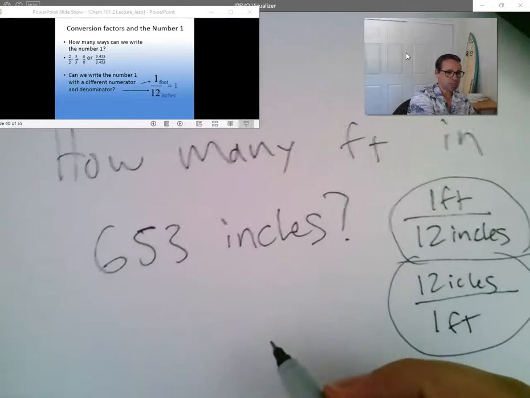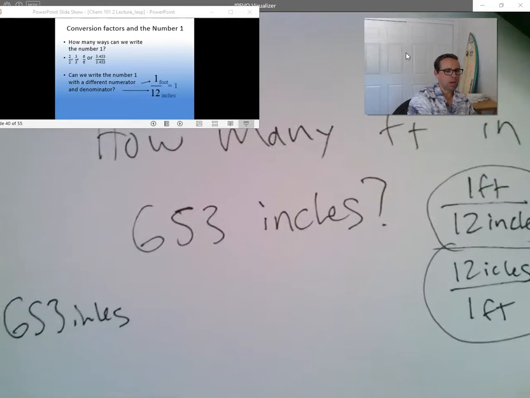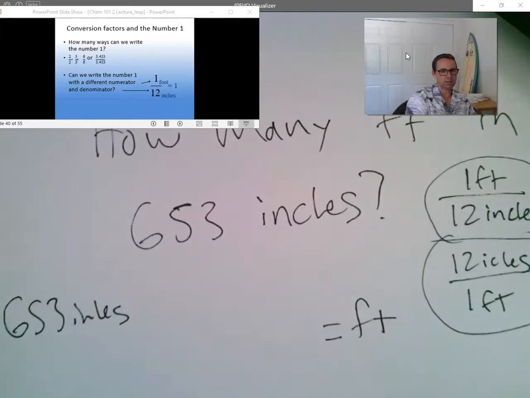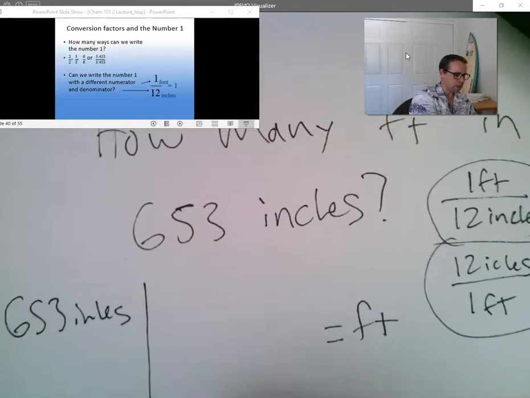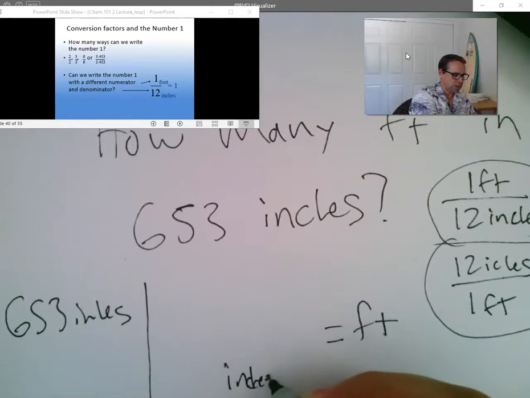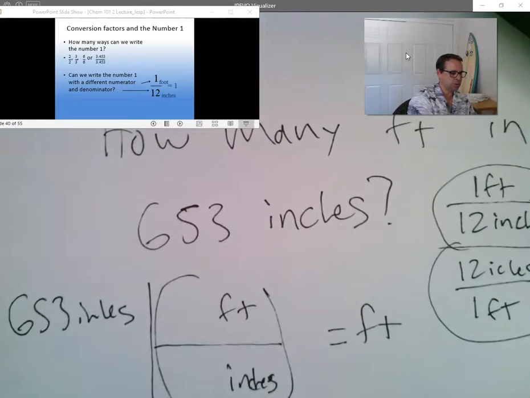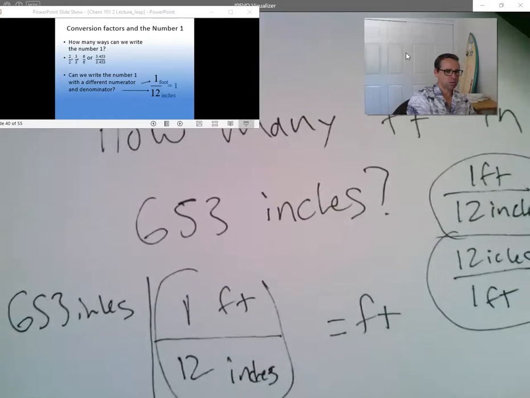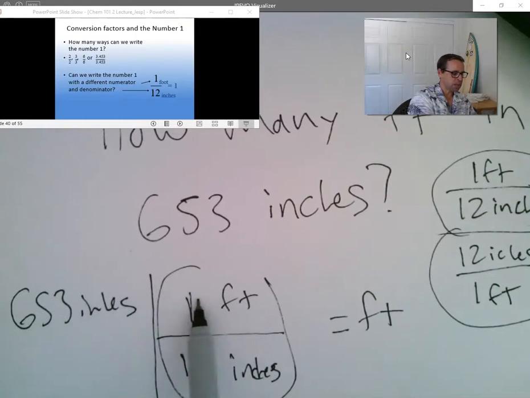And then from this information, if I know I have 653 inches, but I want to know the number of feet that is, I'm in inches, I need to get to feet. I know I need to get the inches to be gone. So I need to put inches down here, and then I can put feet up there. So then that shows me the conversion factor that I need to use. I have 1 foot, 12 inches, and then I can see taking this number and multiplying it by this fraction would be the same as taking 653 times 1 divided by 12, and then that'll give me my answer.